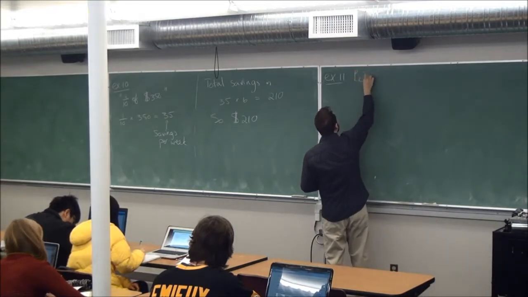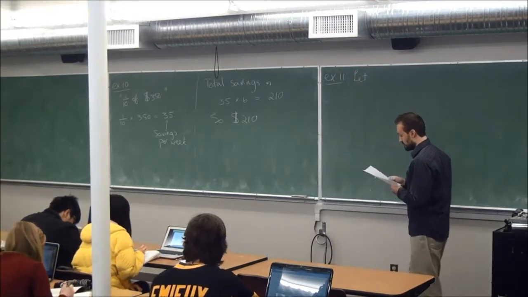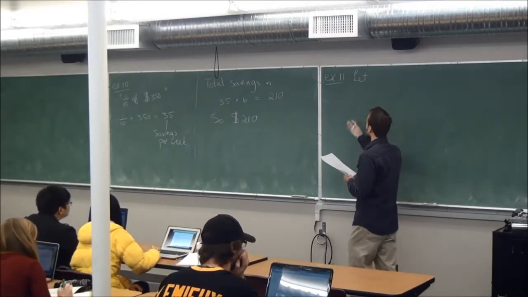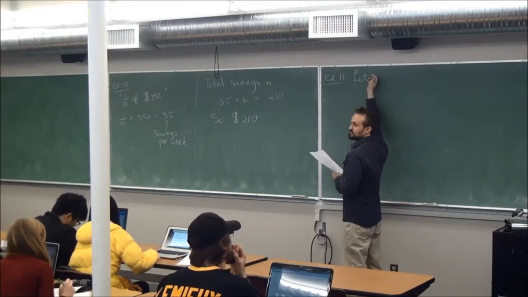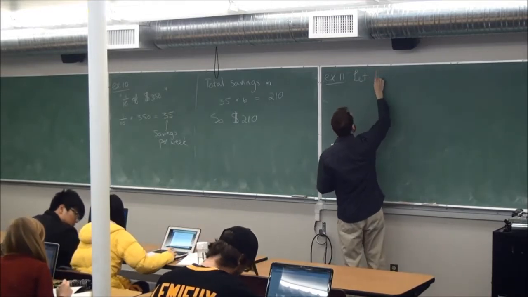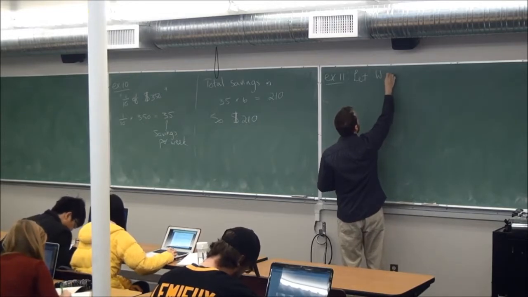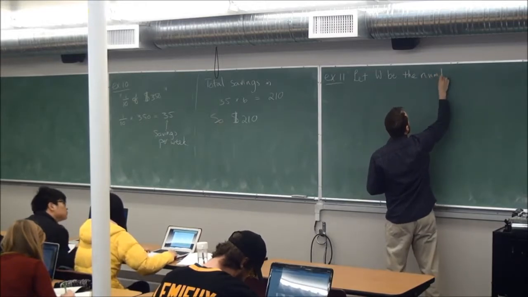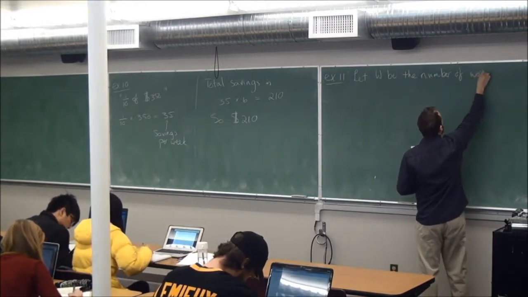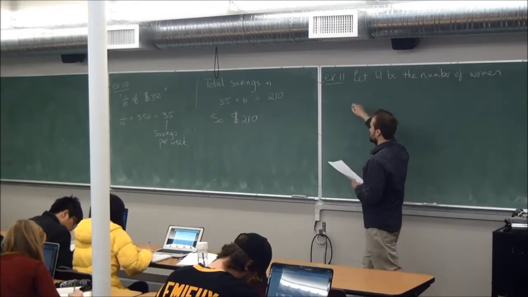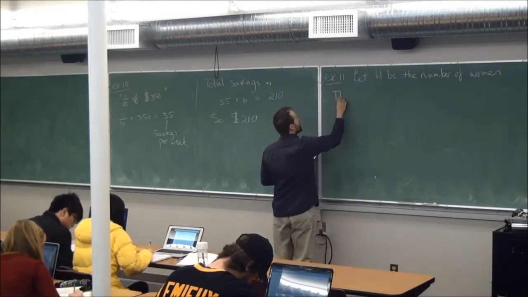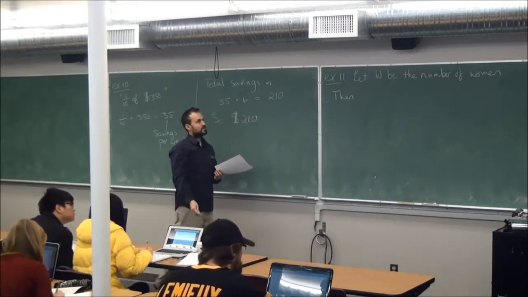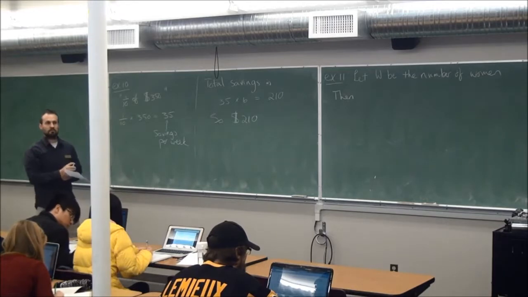So let's define a variable. One should be enough. Let's focus on the men or women. Which one do you want? Women. Let W represent the number of women that will attend. Why do I need to define a separate new variable for the number of men, or is one sufficient?